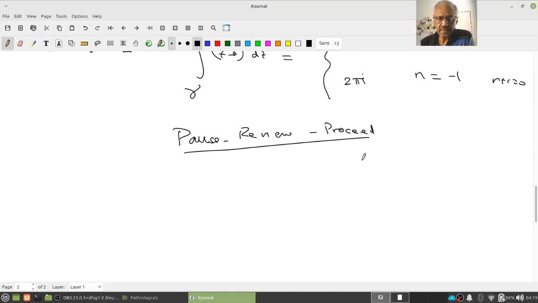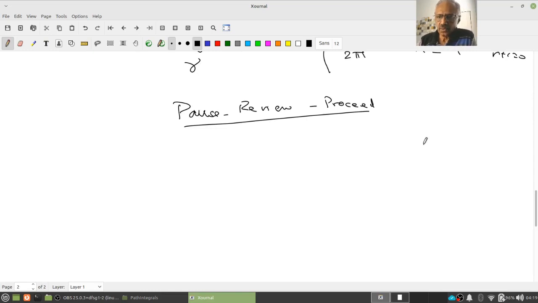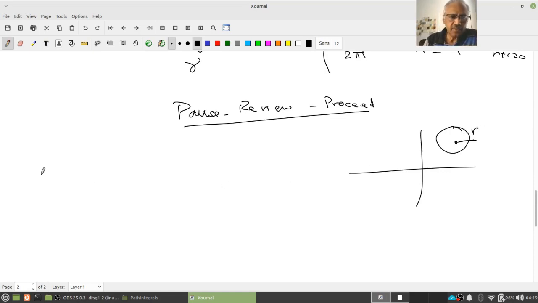Right? Okay. So, this is the picture. I have a. This is my gamma r. Now, we want to look at something special. Let me fix r. And let k be an integer.